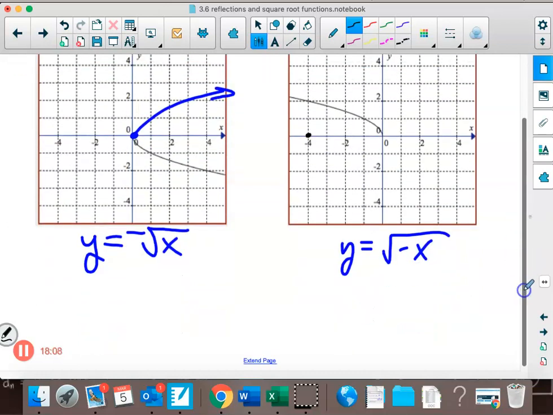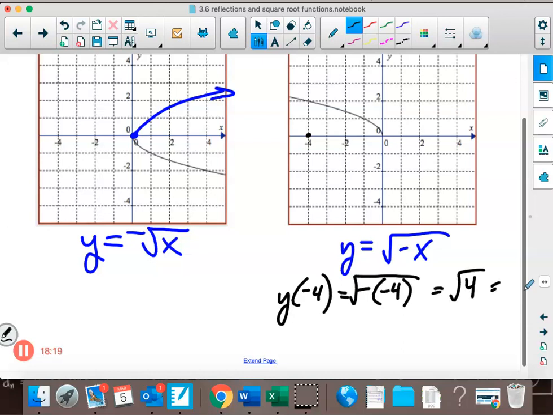So y of -4 would equal the square root of negative times -4, which is the square root of 4, which is 2, right? So we're multiplying our x value by -1, which is why all these x values are negative or 0, because that's what makes them positive, so they're okay. That's why we can't have any positives, because then you'd have a negative in here, right? Okay. Good. That was such a good comment.